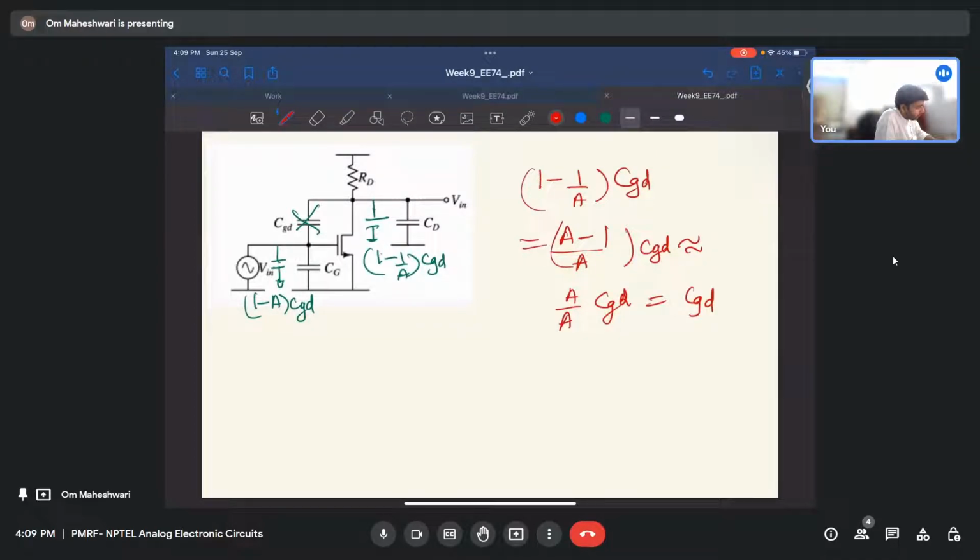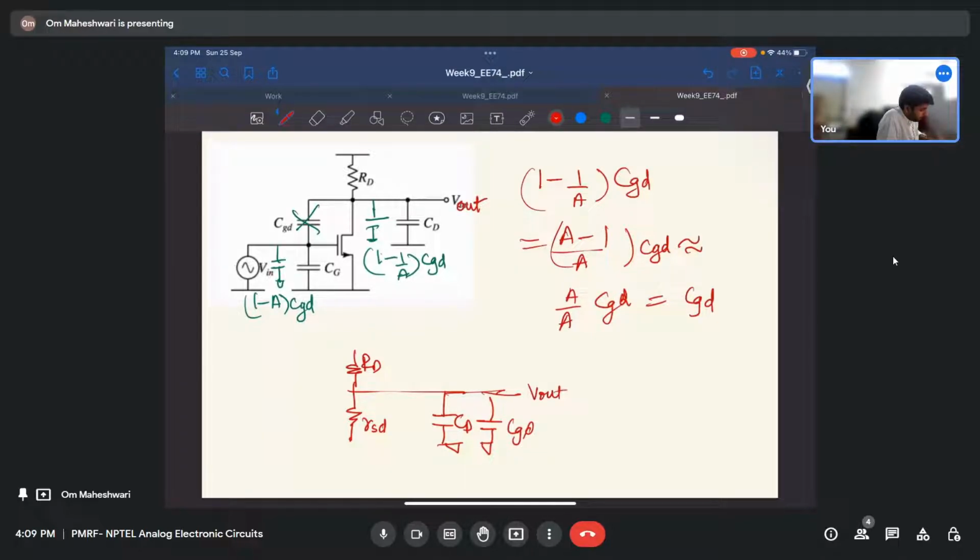So now we will have RD, let's say some RDS, CD and CGD. Okay, so now pole is simply 1 by RC.